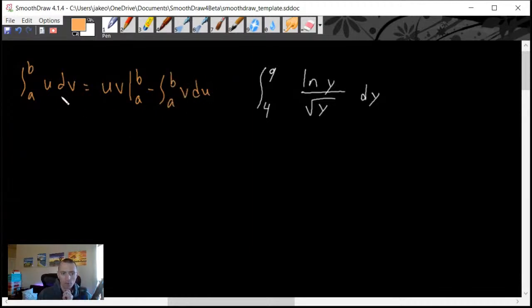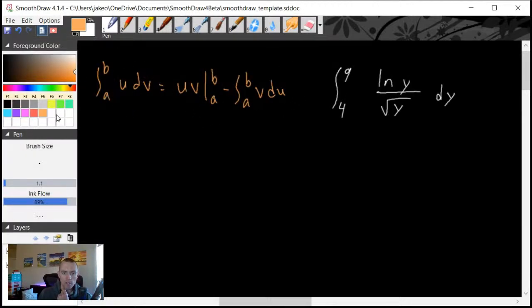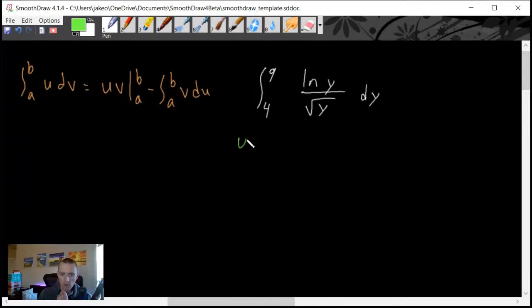So very similar formula. All we're really doing is evaluating between these bounds, which is the main difference. So again, same process that we normally want to do with integration by parts. First thing we need to do is figure out what we're going to make our u, what we're going to make our dv, then figure out what our du is based on the u we chose in the first step, and figure out v based on the dv we chose previously.